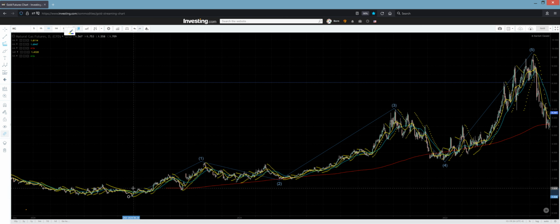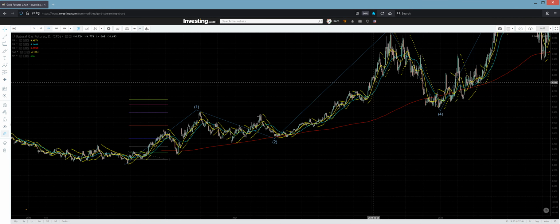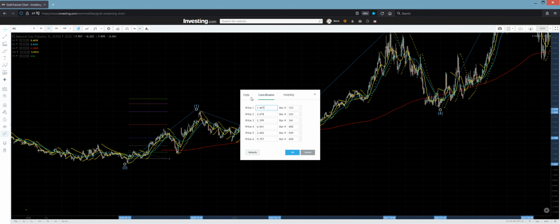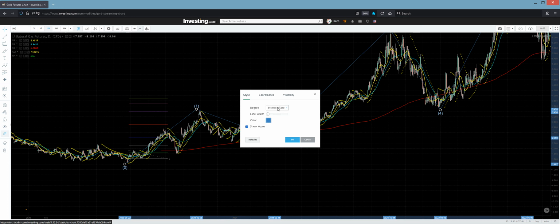We're going to dissect wave 1 to find out waves 3 and 5 within the first super cycle or primary cycle. In this case, it's called an intermediate, but I am going to call it a primary. We can call it an intermediate, why not? Just to start out, change the color to orange.